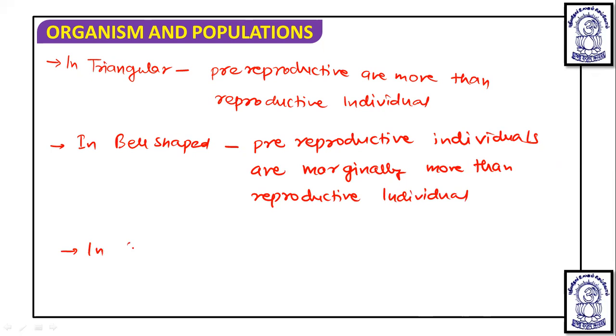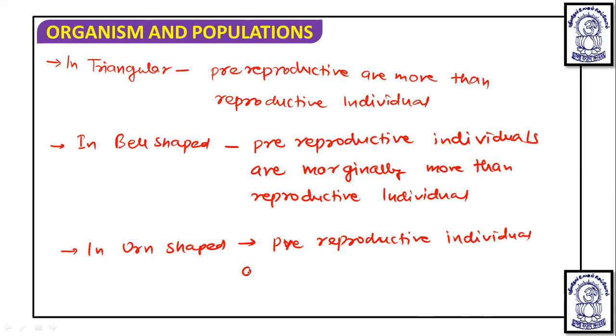And in an urn-shaped age pyramid, the pre-reproductive individuals are fewer than the reproductive individuals. Okay, such three age pyramids are seen, and that is all about the population age or the age pyramid.